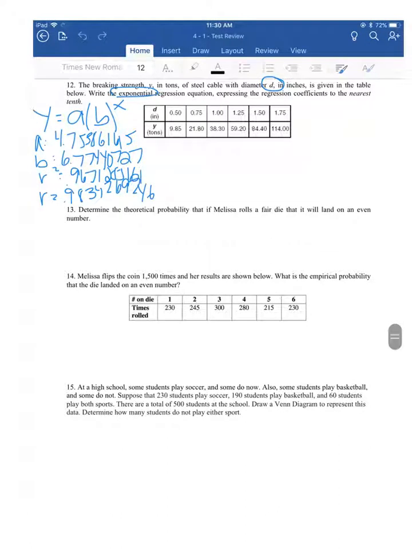Okay, so the equation rounded to the nearest tenth would be y equals 4.8 times 6.8.